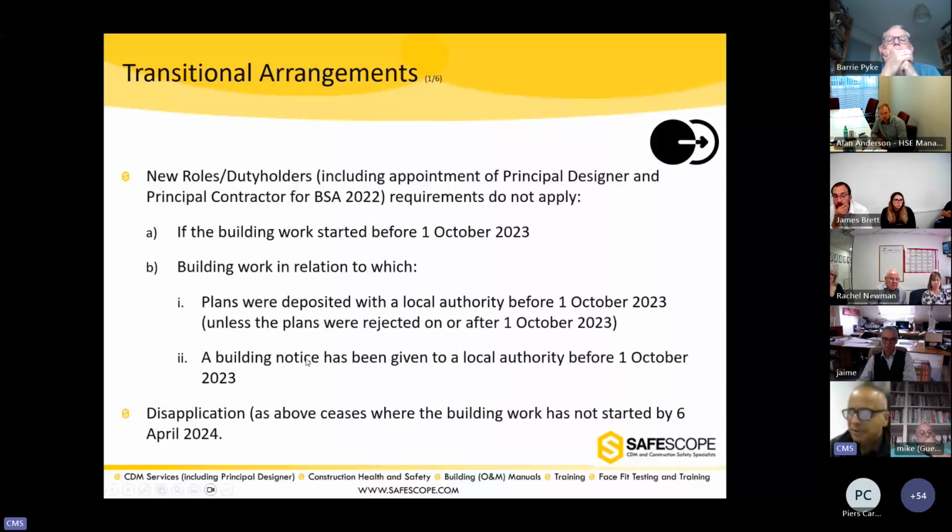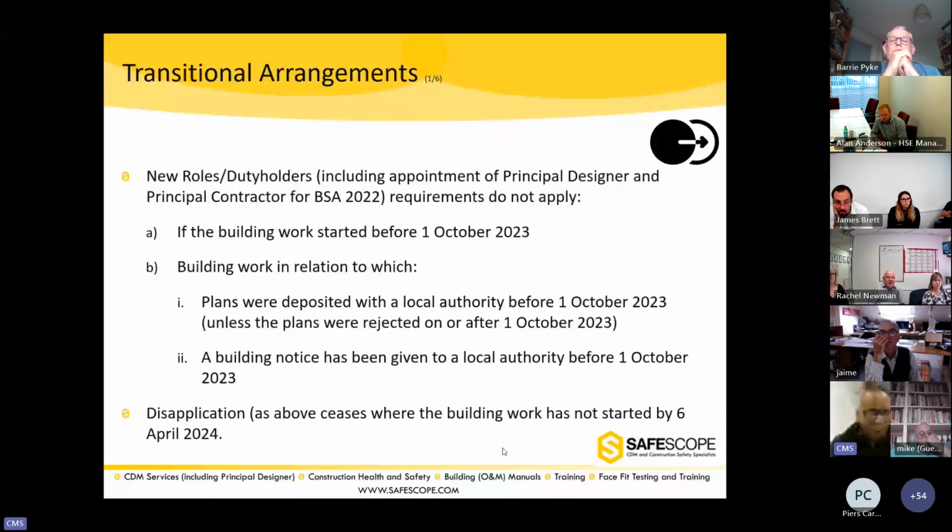They also do not apply if the building work has not started, but the plans were submitted to the local authority before 1st of October, unless the plans have been rejected or are rejected after 1st of October, or a building notice was given to the local authority before 1st of October, and the work itself will start by 6th of April 2024. Then these regulations or the duties don't apply.